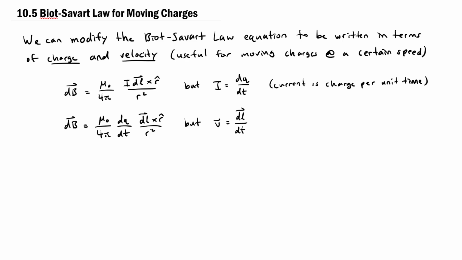So that means I can group these together and combine that to become v. And so I have dB is equal to mu naught dq, and then I have v crossed with r over 4 pi r squared.